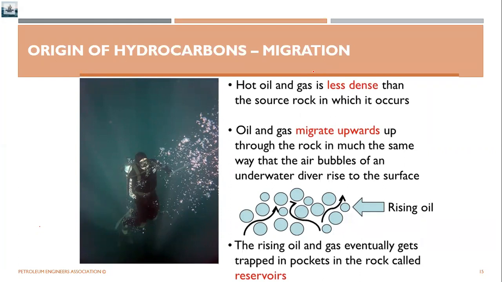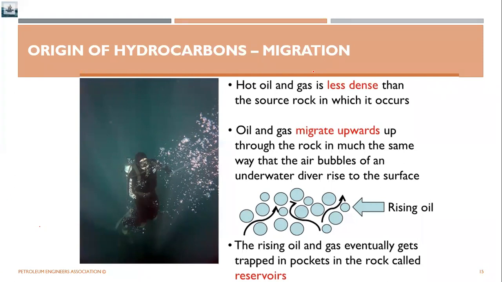Why? Because only then would we have the accumulation of hydrocarbons in some other areas. Those areas would have sufficient pore volume, or sufficient pore spaces, where there would be accumulations of oil and gas. And those rocks are what we call the reservoir rocks.